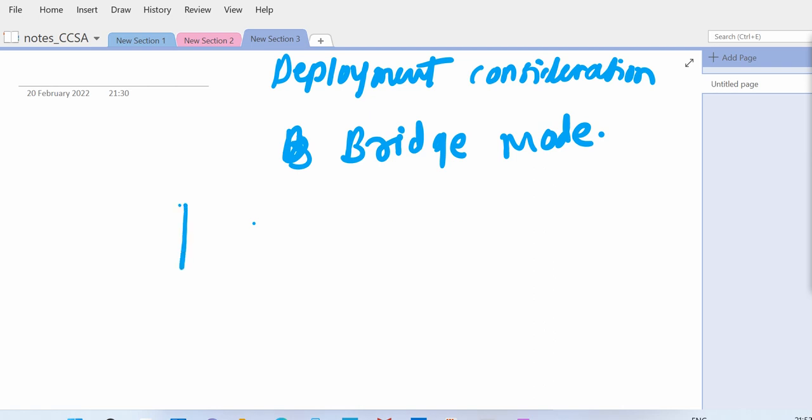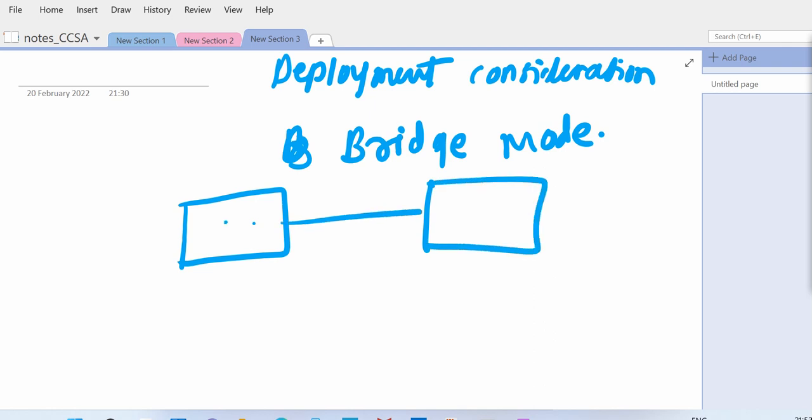For example, you have an already running configuration with your SMS and your gateway, and if you want to install a new gateway for the purpose of monitoring the traffic and doing some basic functionality, using another gateway, you can use bridge mode here.